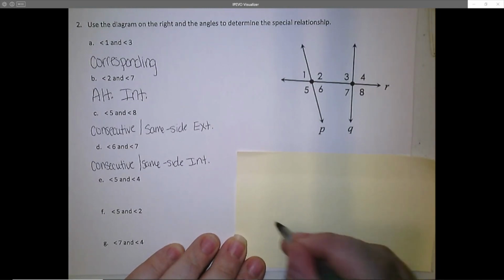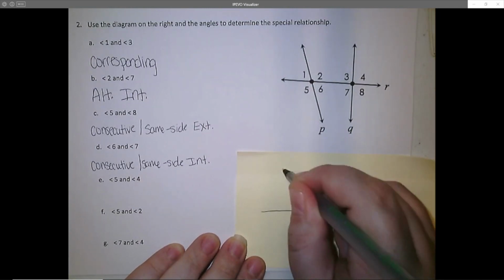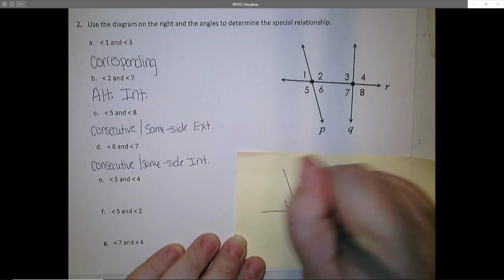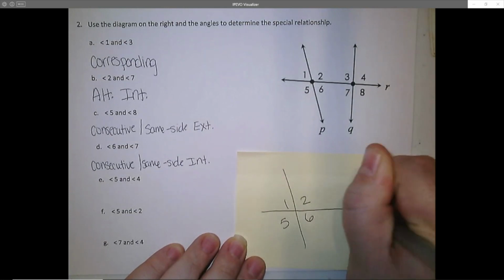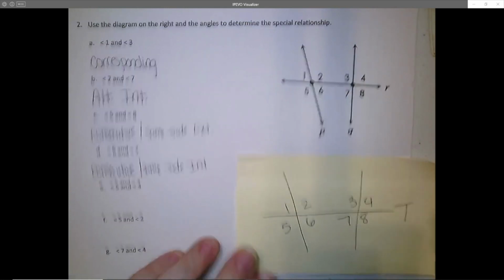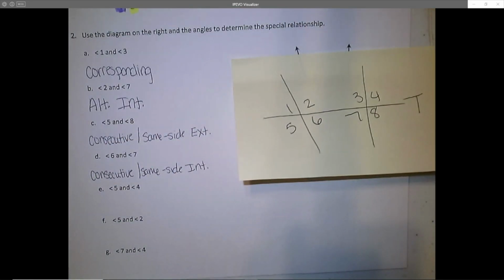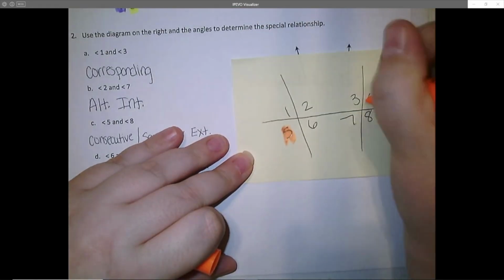So then I look and I say I have my transversal, my 2 lines, and angles 1, 2, 5, 6, 3, 4, 7, and 8. I marked my angles. Now we want 5 and 4.